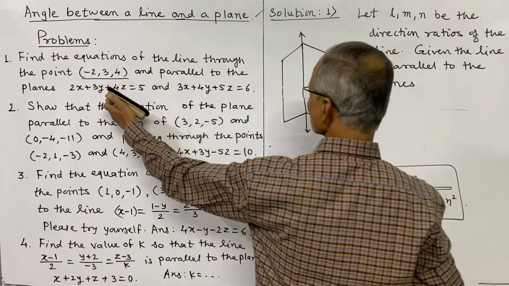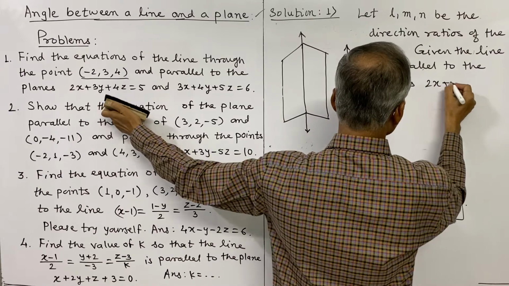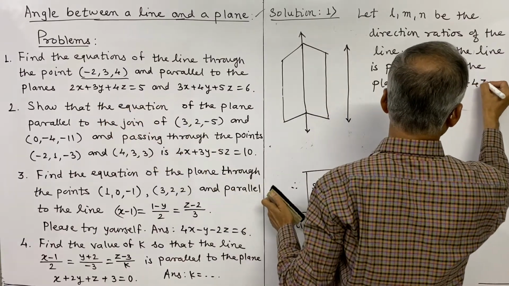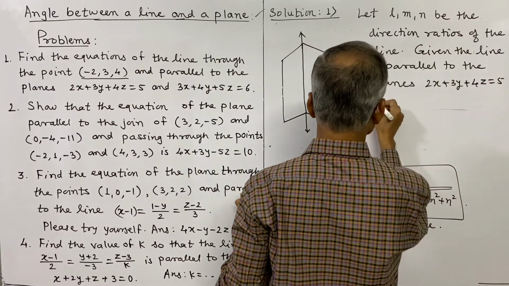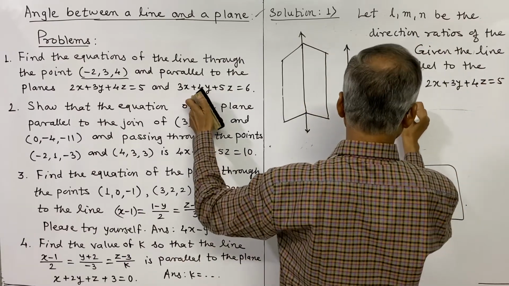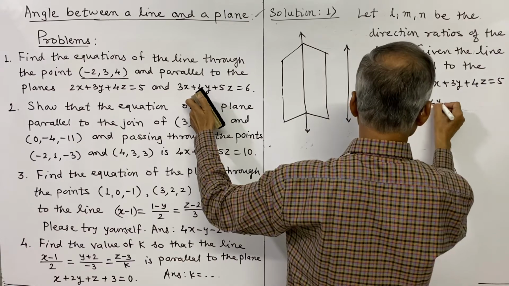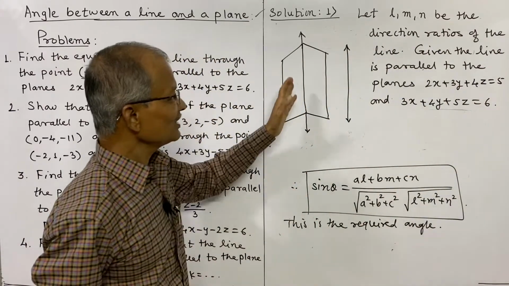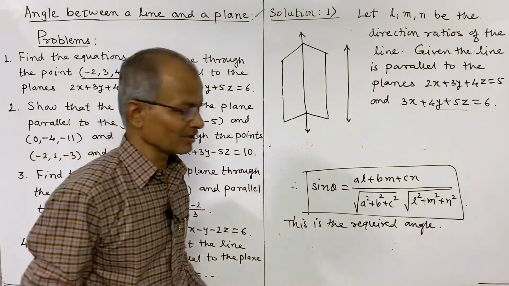So what are the equations of the planes? 2x plus 3y plus 4z is equal to 5, and 3x plus 4y plus 5z equal to 6. Therefore, the line is perpendicular to their normals.